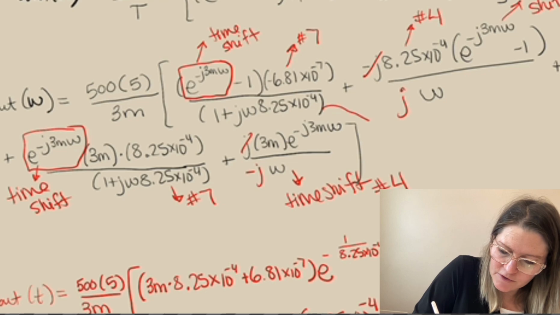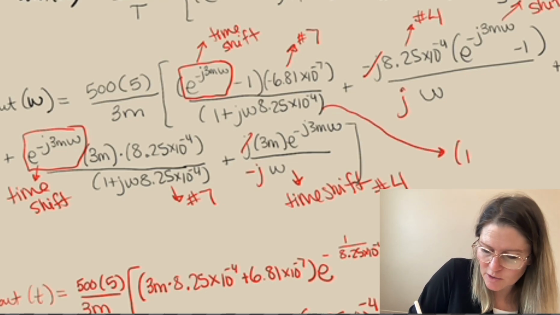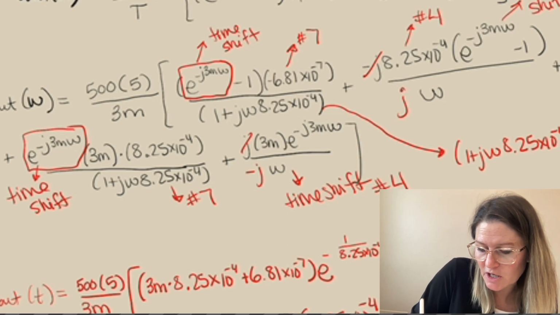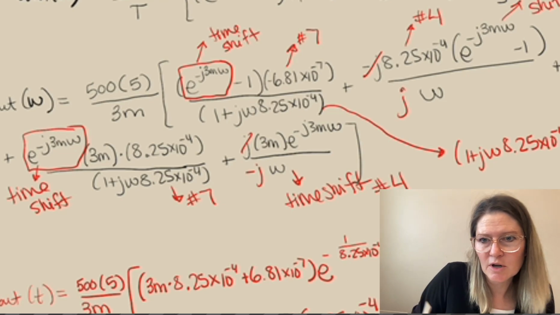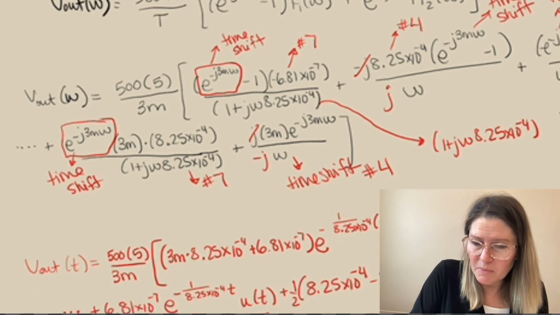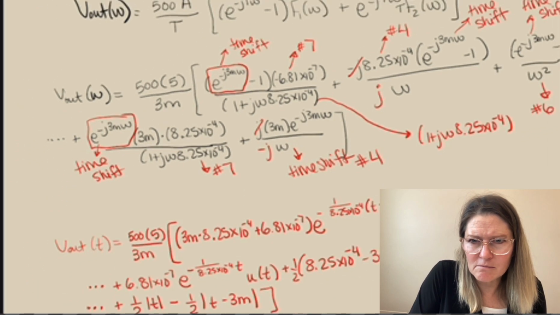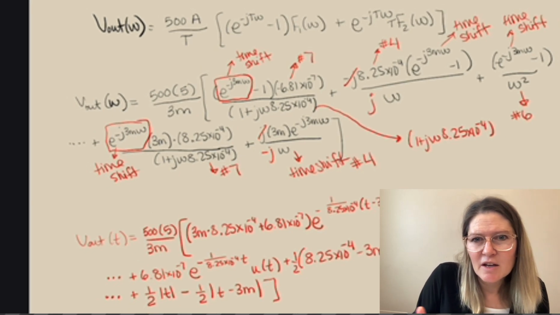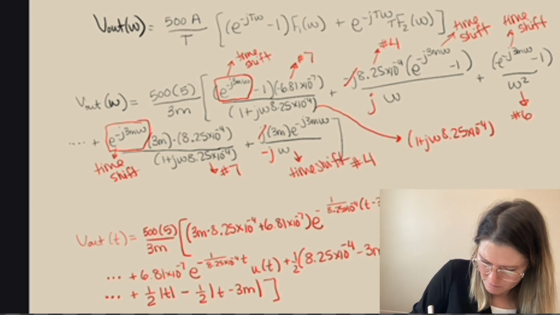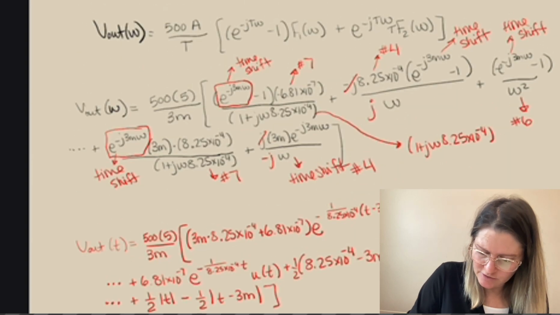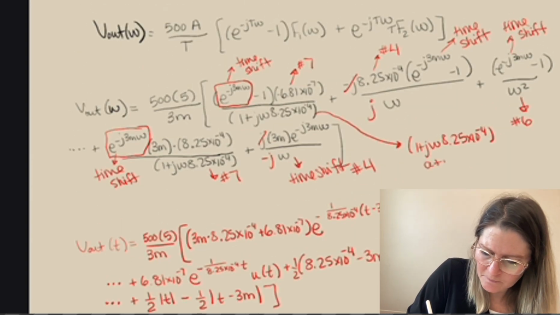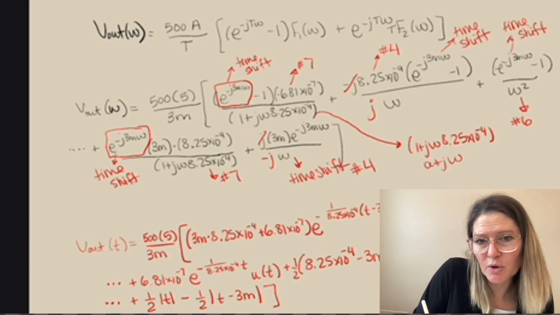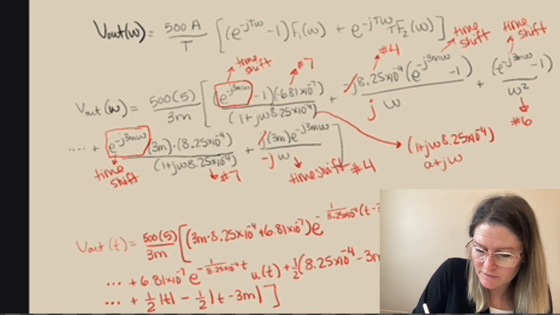So to solve this portion, I have to take 1 plus j omega 8.25 times 10 to the minus 4th, and I need to change that into the form, let's make this small enough you can read it all, which is a plus j omega. And so to do that, I need to divide by 8.25 times 10 to the minus 4th.